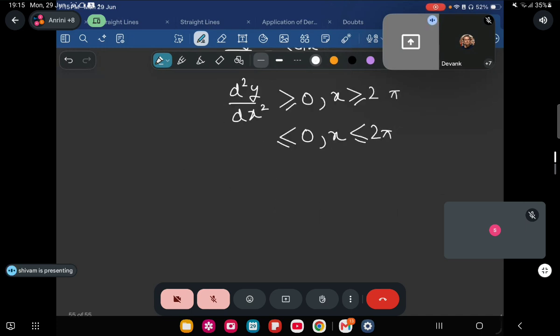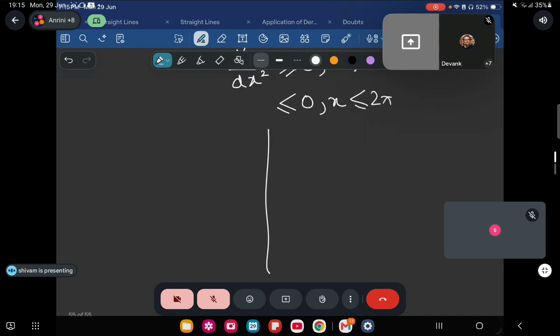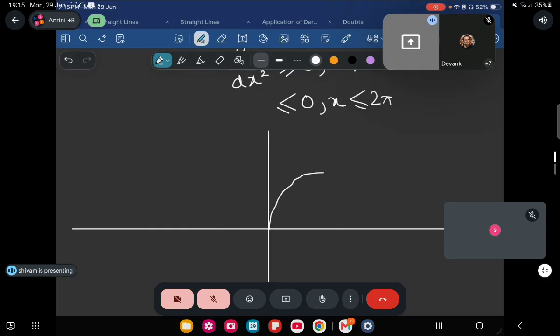Right, everyone? So around 2n pi, the function changes its concavity. Right, everyone? Around 2n pi, the function changes its concavity.